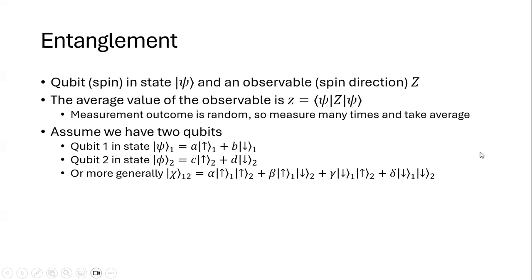That's one approach. So you prepare the qubits separately. The other approach is that you prepare them together or collectively in some sense. And that's the most general way of preparing your qubits. So then you will have a superposition of all possible values of their spins, right? So this is the most general way of preparing them.